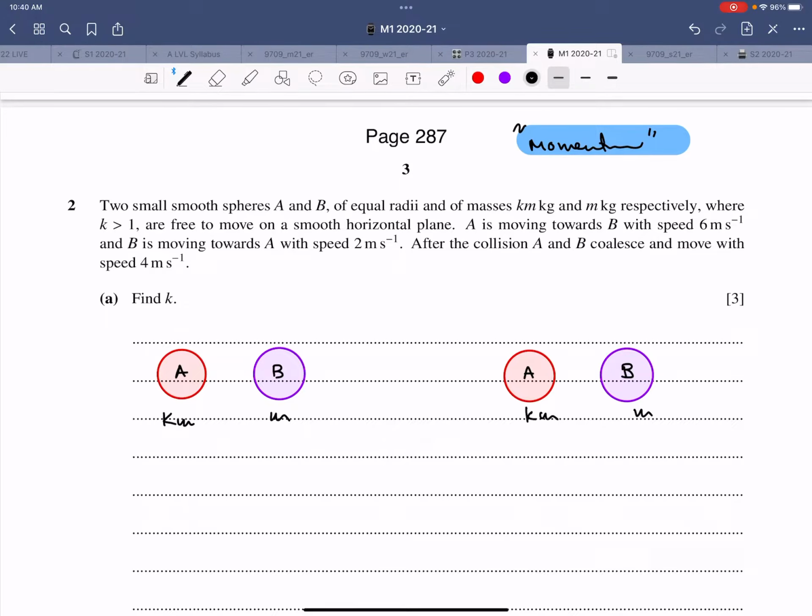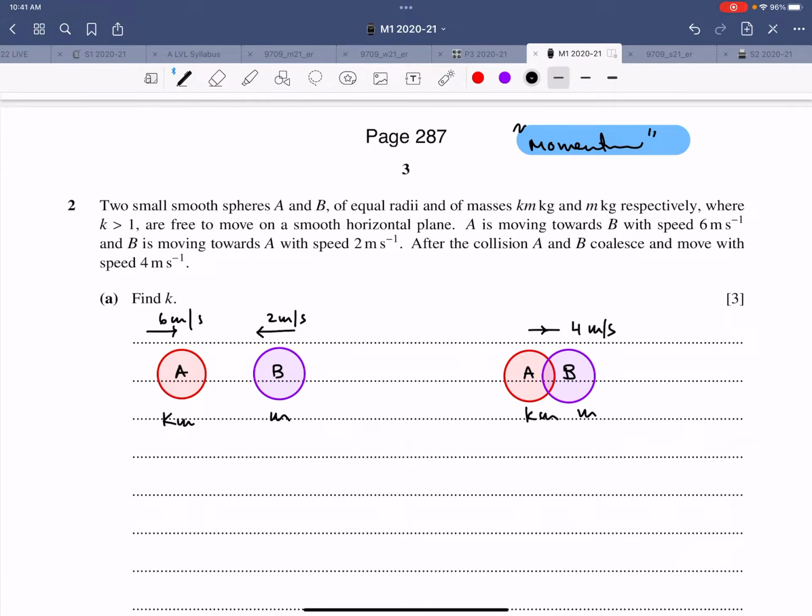A is moving towards B at 6 meters per second. B is moving towards A at 2 meters per second. And after the collision, they coalesce and become one single body. And now they would have a common speed of 4 meters per second.